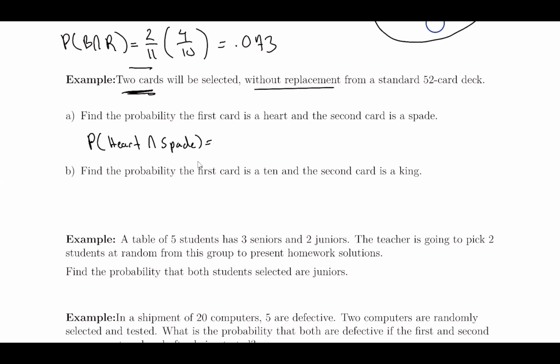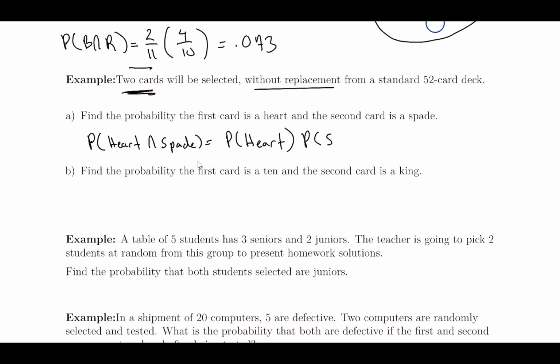So for this one, which suit do I want the first card to be? Do I want the first card to be a heart, or do I want the first card to be a spade? So we want the first card to be a heart. Perfect. Oh nice, I didn't know you could do a heart like that on the chat. Good job, Raimundo. All right, so what about the second card? The second card, we want it to be which suit? All right.